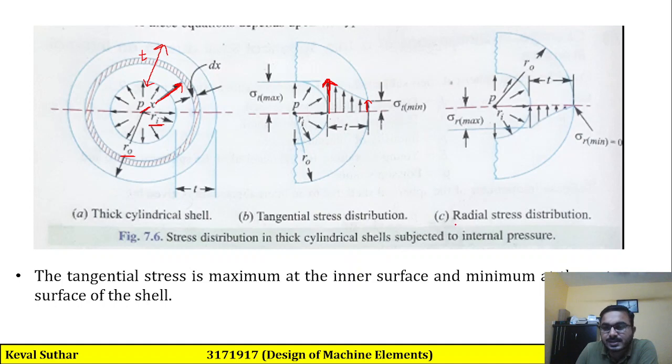As far as radial stress is concerned, it is maximum again at the inner radius and 0 at the outer radius. So we will derive the formulas for both tangential stress distribution and radial stress distribution.